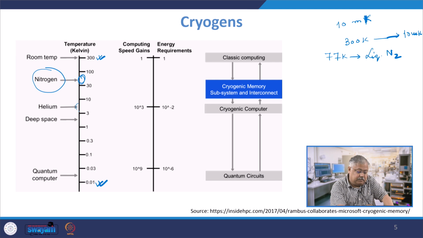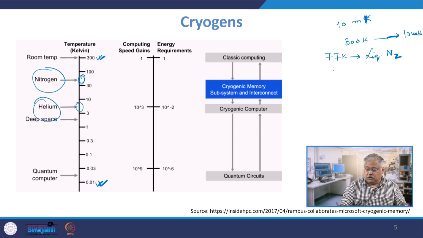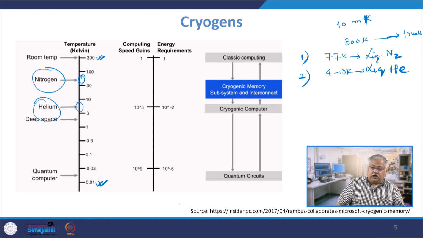Then we have liquid helium, which is around 4 to 10 K. So, one is liquid nitrogen, another is liquid helium. And if you go to deep space, typically you reach a region which is about 2 to 3 K, the deep space temperature. And if you go further down, where the qubits are kept, at about 10 millikelvin is where the qubits are placed.